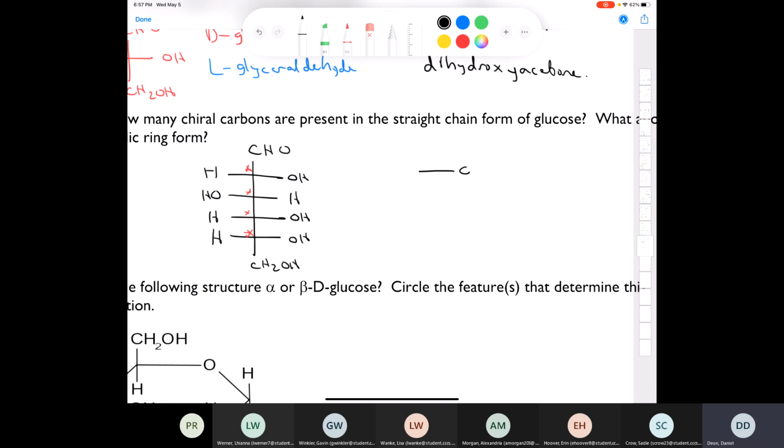However, if we draw the cyclic form, we'll draw the alpha just for fun. So it's going to look like this.